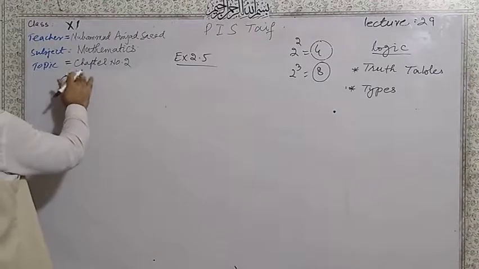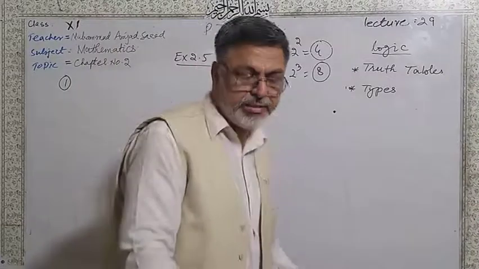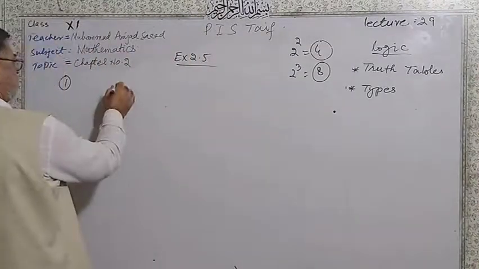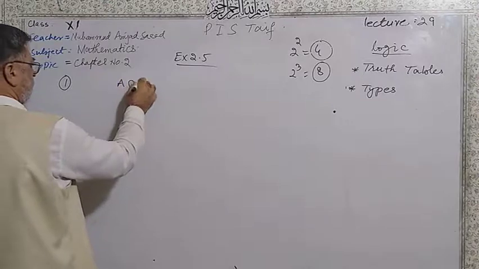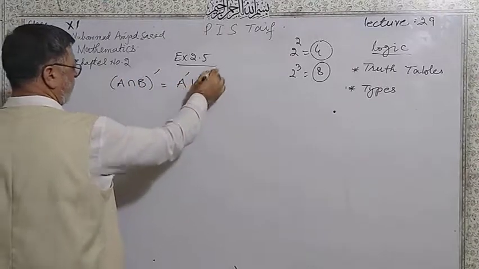Question number 1. (A intersection B) complement is equal to A complement union B complement.